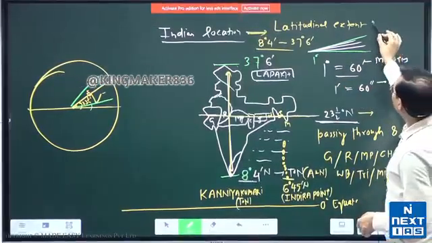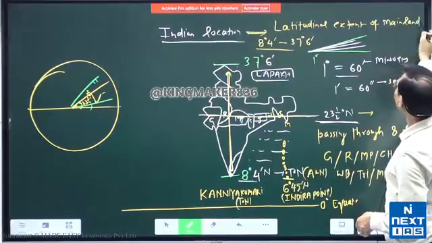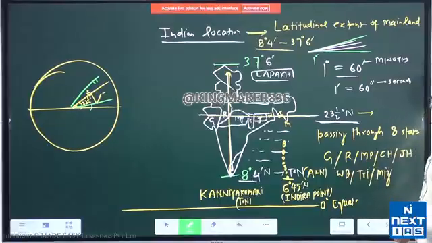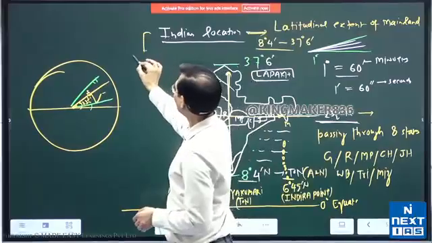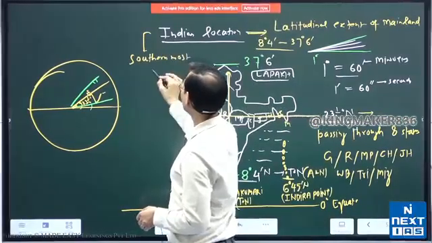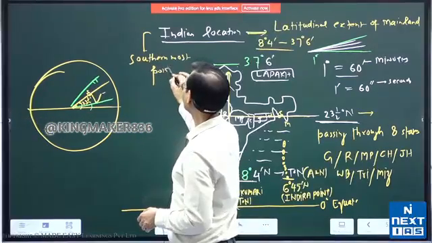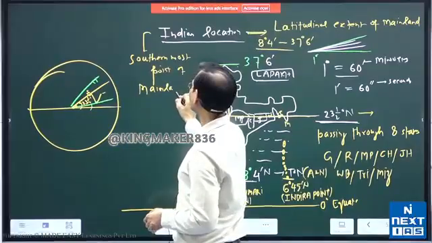8 degree 4 minute to 37 degree 6 minute is the latitudinal extent of which India? Mainland. Mainland means with island or without island? Without island. And in mainland India, if I say the southernmost point, we call it by which name? Southernmost point of mainland without island is Kanyakumari.